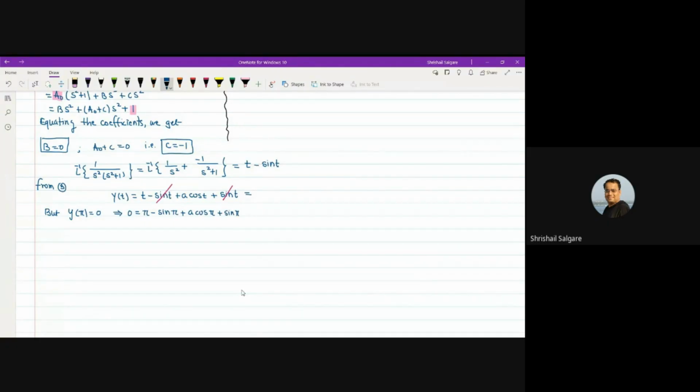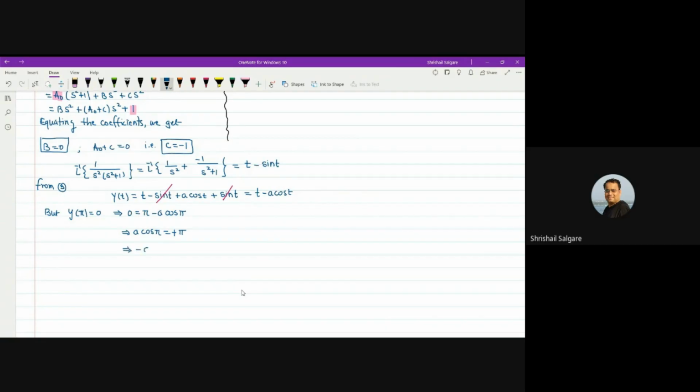So this term further you can write as a t minus a cos t. That means here it is not necessary to mention the sine terms. Here I will write minus a cos of pi. That means a cos of pi is equal to minus pi or plus pi.